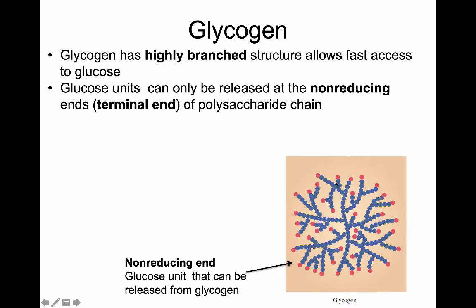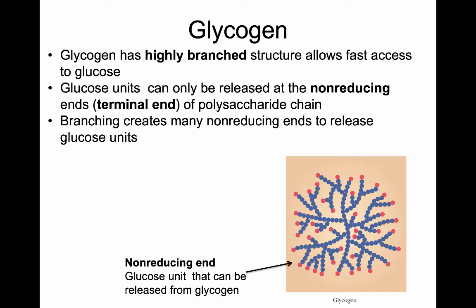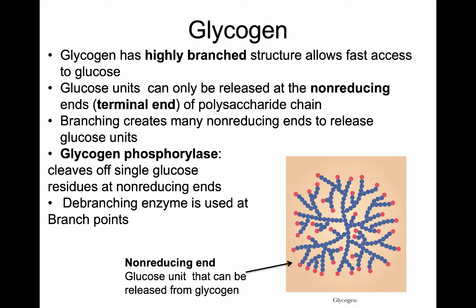This is a model of what glycogen looks like, and only these little red dots that represent the non-reducing ends are the glucose that can be released from glycogen and metabolized. The branching creates many non-reducing ends to release the glucose units. The enzyme important for releasing those glucose units is glycogen phosphorylase. It cleaves off single glucose residues at the non-reducing ends, and then debranching enzymes are used at the branch points.